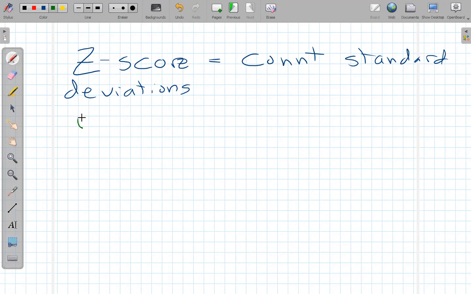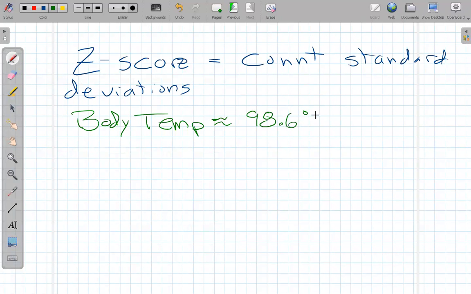Average body temperature, pretty relevant one right now. Hopefully no one is ill. Average body temperatures are about 98.6 degrees Fahrenheit. There's plenty of evidence that it's actually lower than that these days, but that's another story. So this is what we call X bar, the average.